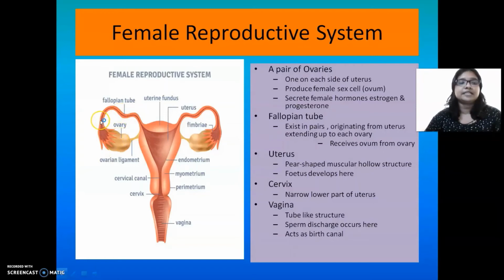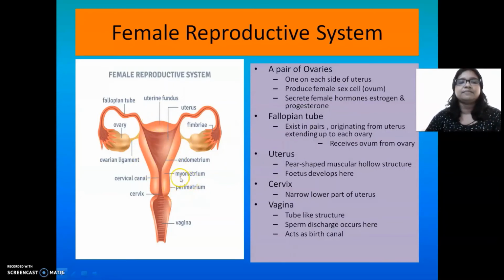And when a mature ovum is released, and if it unites with a sperm, it results in the formation of a zygote, and that zygote will come and attach onto the endometrium region of the uterus. Okay. And see, this is the uterus. It's actually a muscular structure, and it is made up of 3 wall layers.